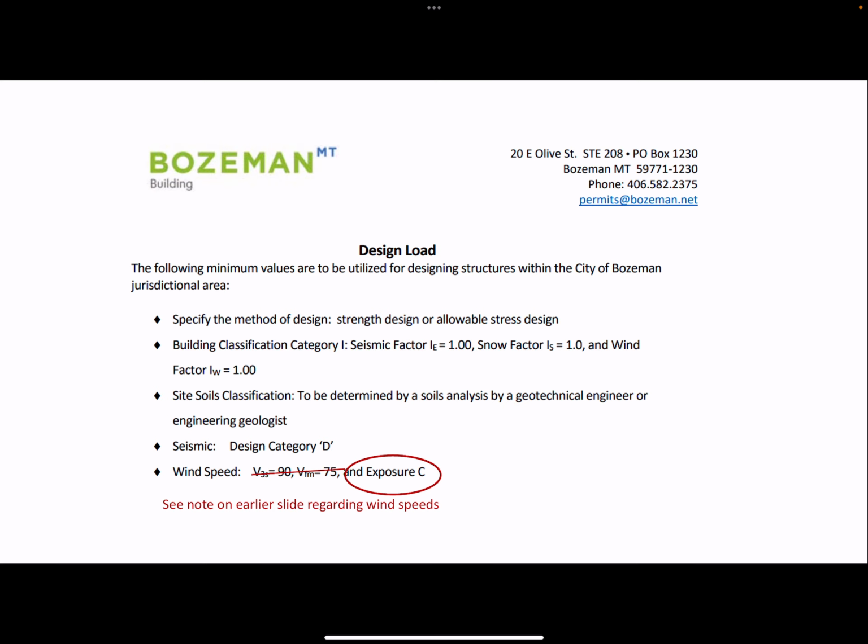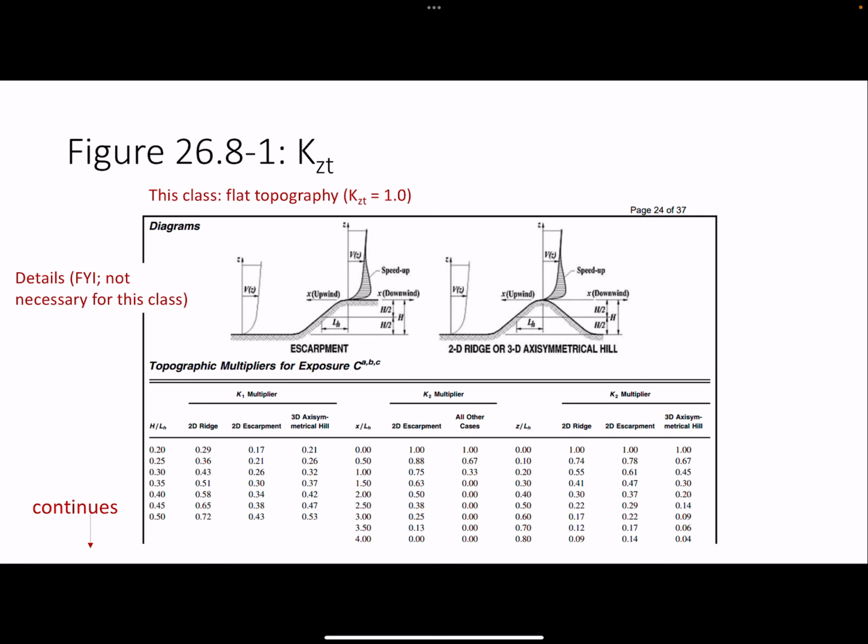All right, so that brings us to the next coefficient to define, which is the topographic factor, KZT. Now in this class, we're only going to be worrying about cases that have flat topography. And in that case, it's very simple. You just use a factor of 1 for this KZT.